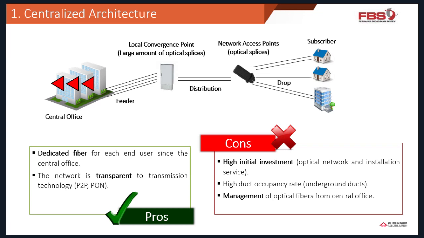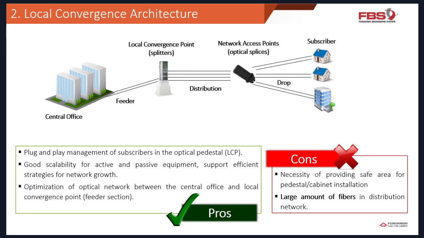So we evolved from that to what we call local convergence architecture. So the idea is to place the splitters out of the central office, right? So at least we have the feeder cables reduced. So all this metro and core network would be relieved of these massive fiber counts coming from the central office.